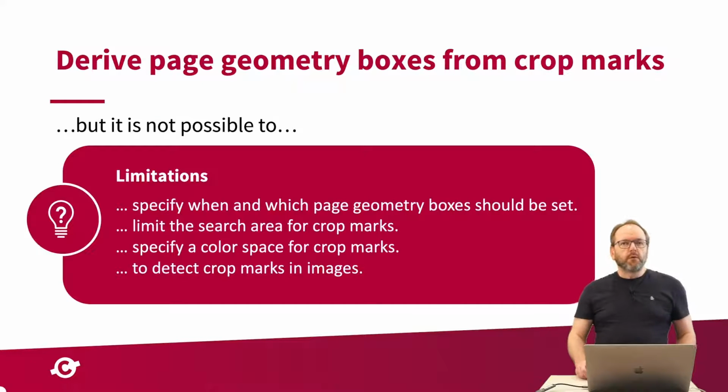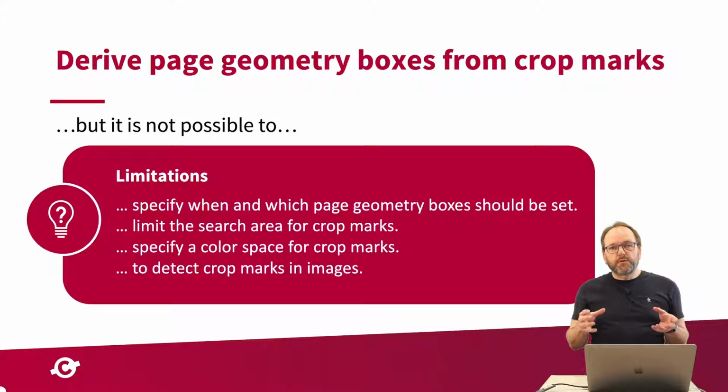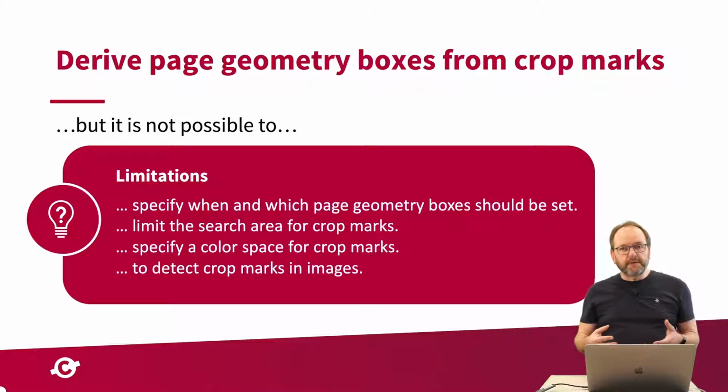You couldn't always say when and which page geometry boxes should be set. You couldn't limit or specify which area of the page was searched. pdfToolbox had specific color spaces it expected these marks to be in, and you could not modify that.